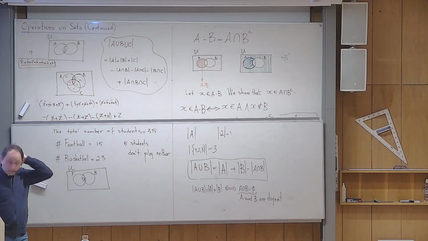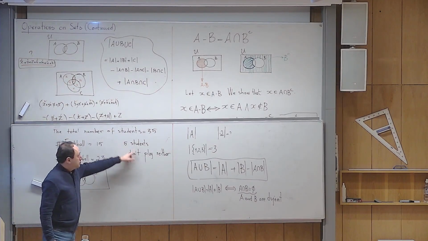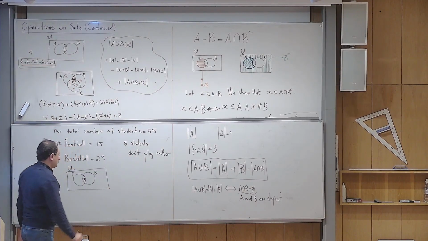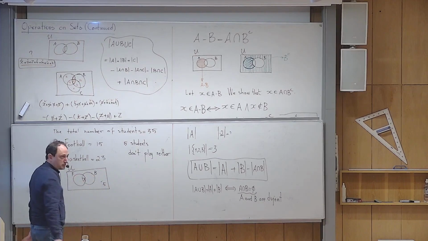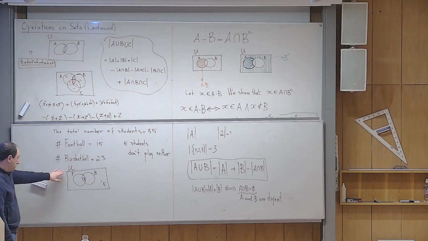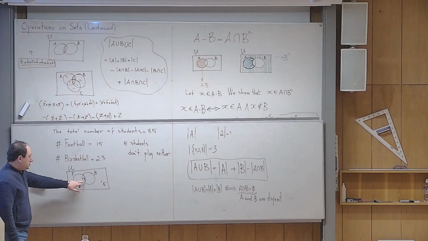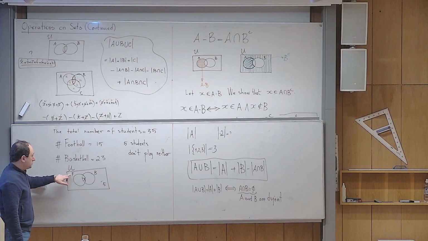First of all, I know that 5 students don't play at all, so 5 elements are outside football and basketball, but still they are members of the classroom, of course. The question is to answer what is the number of players who are playing both football and basketball. I don't know that, I put it X.